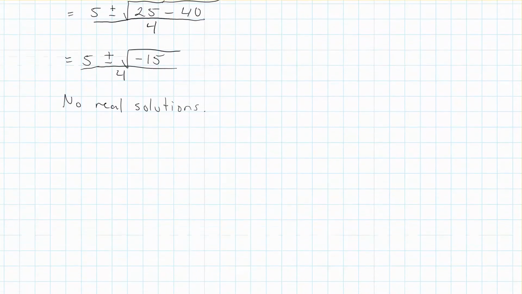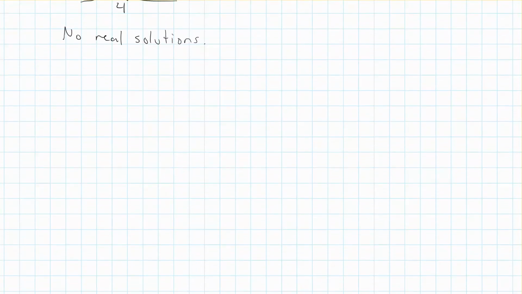Alright, the last thing I want to cover in this video is talking about the discriminant. So the discriminant again is this quantity b squared minus 4ac. And there's several different things that it tells us.